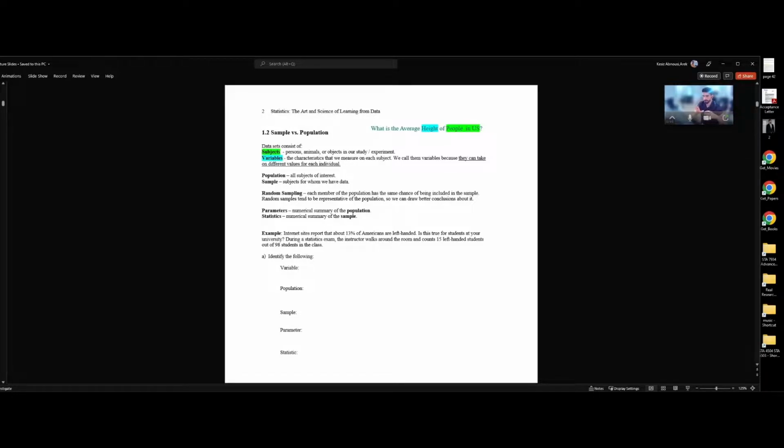And the variables are the characteristics that we measure on each subject, and we call them variables because they can take different values for each individual. So in this question, height is the variable, right? Because it takes different values for each person in the US, and each person is like a subject.